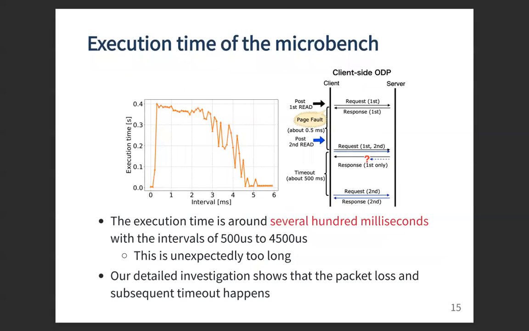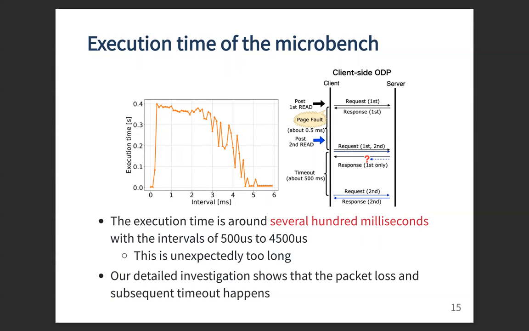This is the result of this microbenchmark. The x-axis shows the interval between two communications, and the y-axis shows execution time. When the interval is 500 microseconds to 4,500 microseconds, the execution time is around several hundred milliseconds. This is an unexpectedly long execution time.